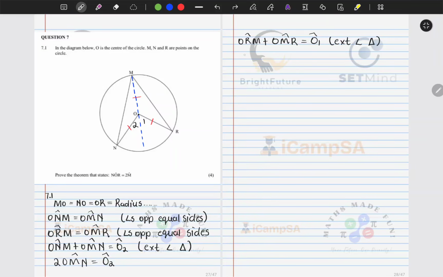So this means that what we end up having is 2 times OMR equaling angle O1. Okay. And then what you will see is that angle O1 plus angle O2, these ones, they give us the angle that is called NOR.